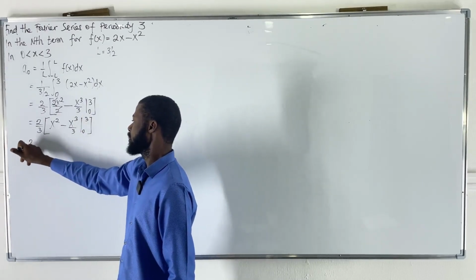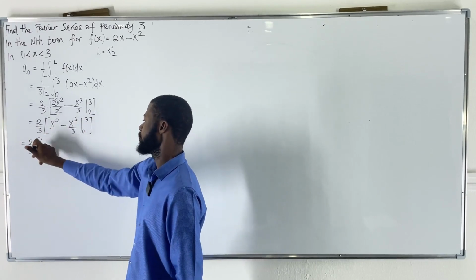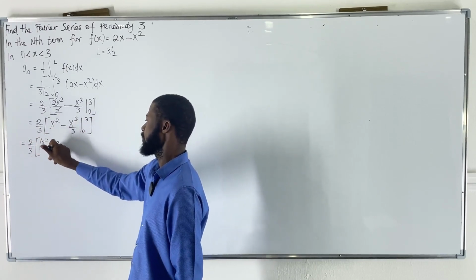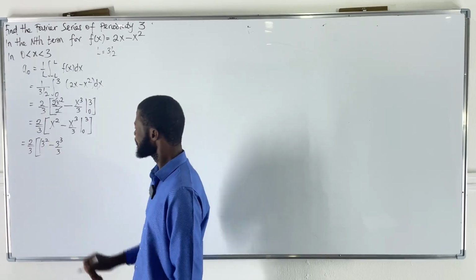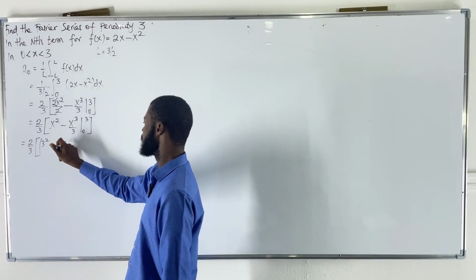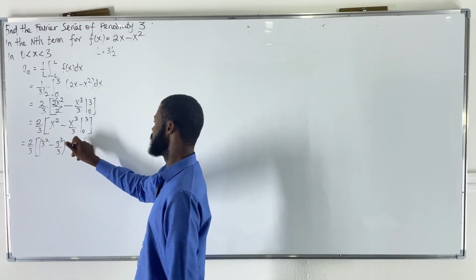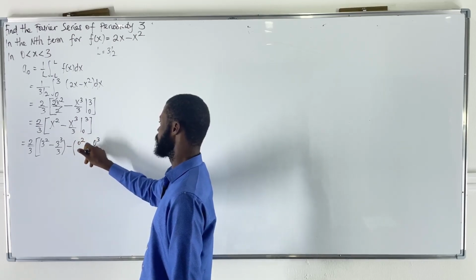Now let's evaluate the limits. Anywhere I see x, I'm going to put 3. So this will be 3 squared minus 3 cubed over 3, minus, now put in 0: 0 squared minus 0 cubed over 3.